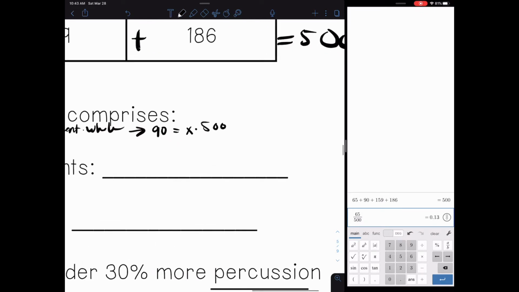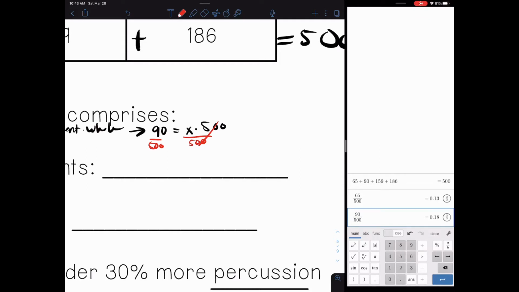So there's my equation. How do you isolate x? Well, you need to divide both sides by 500. The opposite of multiplying by 500 is dividing by 500. It's 90 divided by 500.